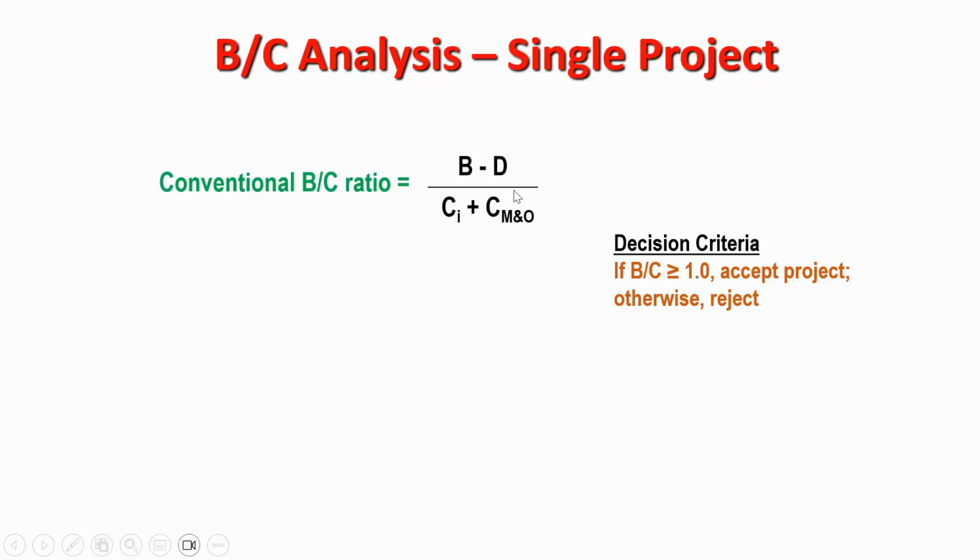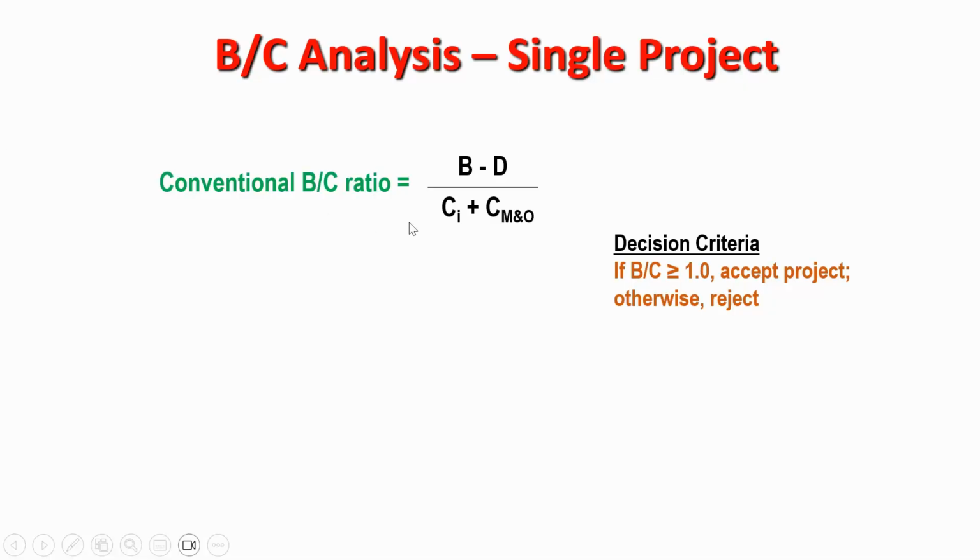Typically the initial costs will already be at the present, but then the maintenance and operation, the benefits and the disbenefits, those are in the future. So they have to be discounted to the present before they're put into this ratio and combined together. So if the benefits outweigh the costs, then the project is suitable. If they don't, then the project should be rejected.